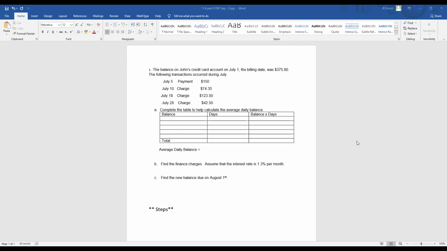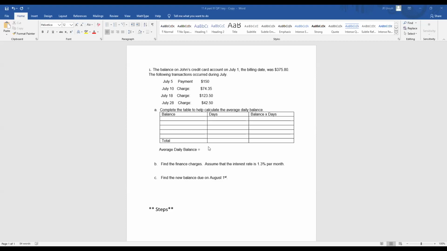And so, in a given billing period, a person may make several charges over the course of a month. And so, we see with this example that the balance on John's credit card account on July 1st, the billing date, was $375.80. The following transactions occurred during July. So he made a payment and he made three additional charges.